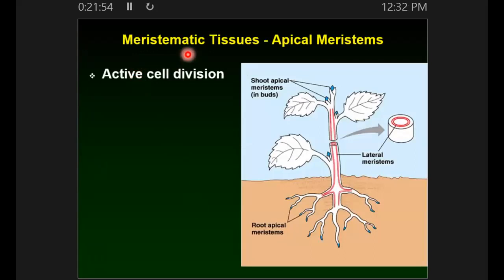Okay, so the shoot apex, the tip of the shoot, but also the root tips. Both the shoot tip and the root tips have meristematic tissue. We call it apical meristem tissue. Active clusters of cells that are actively growing. Okay? And so today you're going to get your seed to germinate.